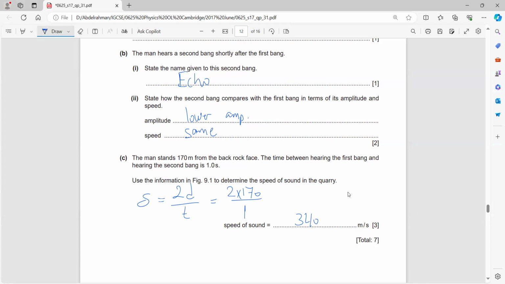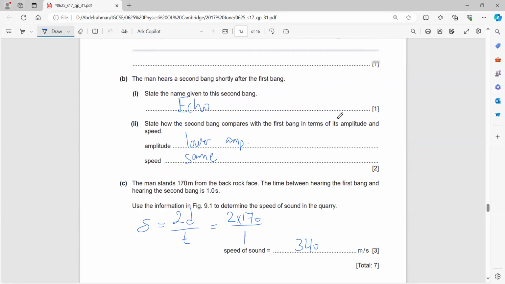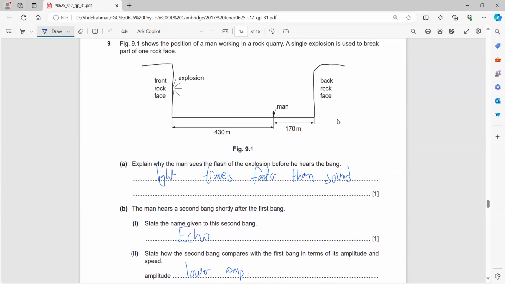Why did I multiply by 2? Because sound travels all the way to the rock and then back to the man. It took 170 meters going to the rock and 170 meters going back to the man.